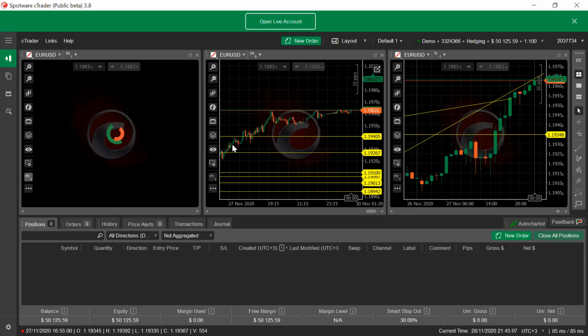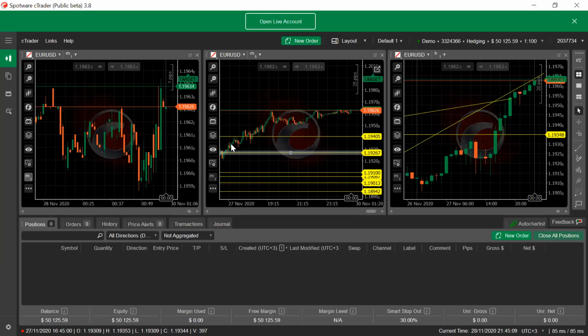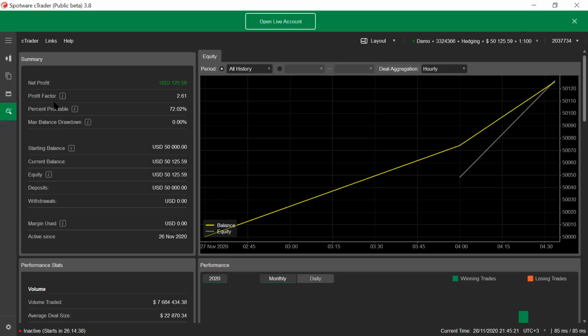So on 50K, we need to not go below what? 5% of 50K is what? 2,500. All right, so we go here, we click on analyze, and then we look at the equity. It's supposed to go not below 2,500.